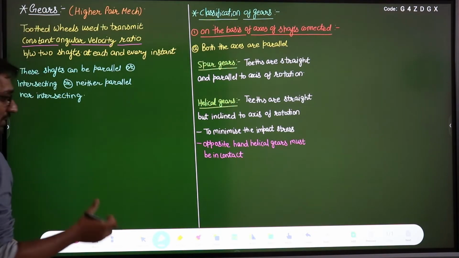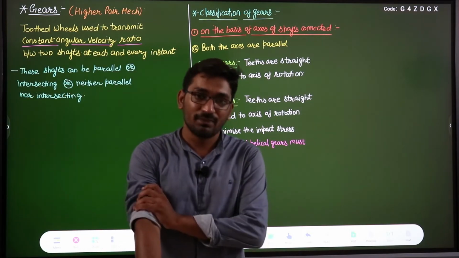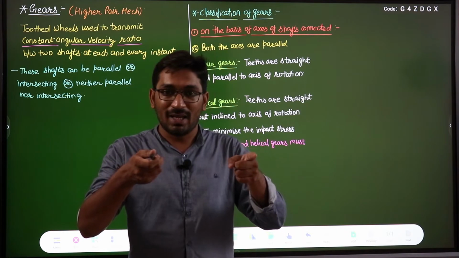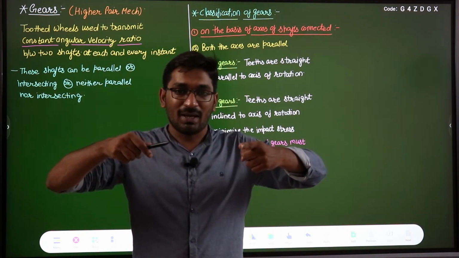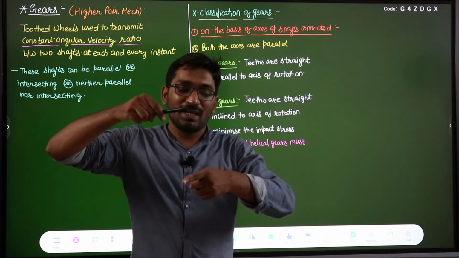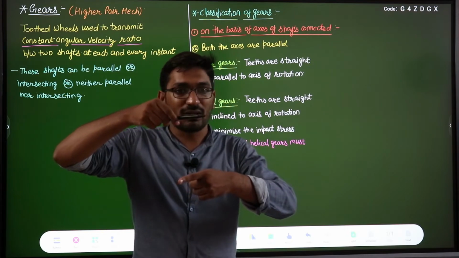And these shafts, between which we want to transmit the constant angular velocity ratio or power, may be parallel like this, or intersecting, or at some angle, or like this, neither parallel nor intersecting.